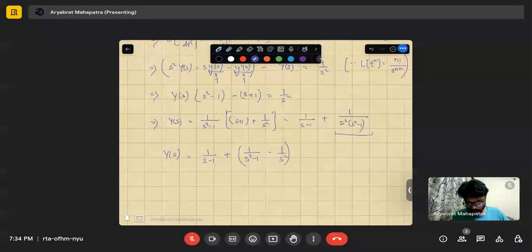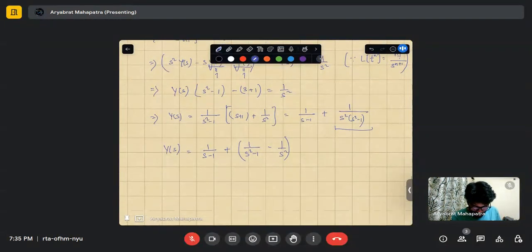So when you take the inverse Laplace of Y(s), you get the inverse Laplace of 1 over s minus 1, plus the inverse Laplace of 1 over s square minus 1, minus the inverse Laplace of 1 over s square.